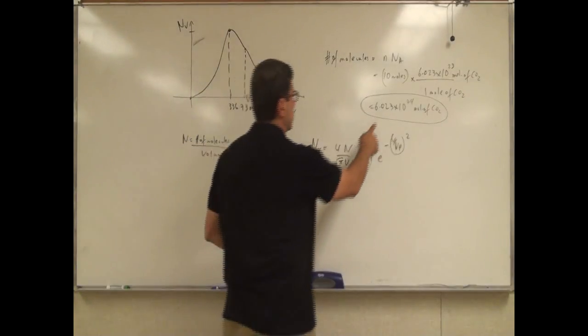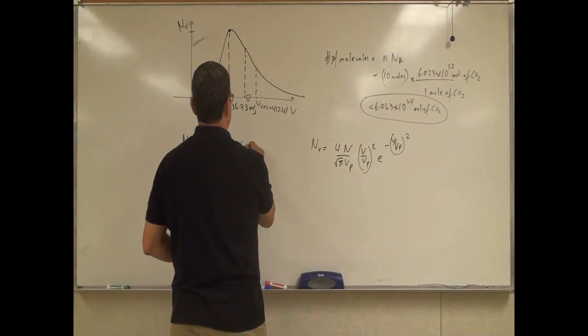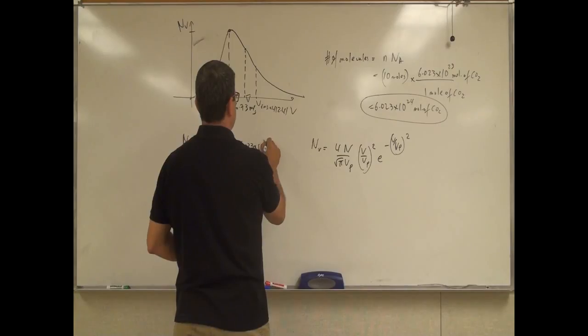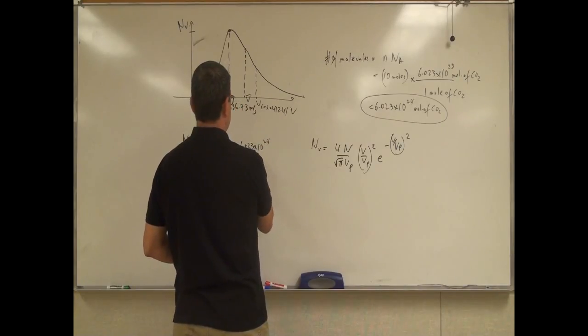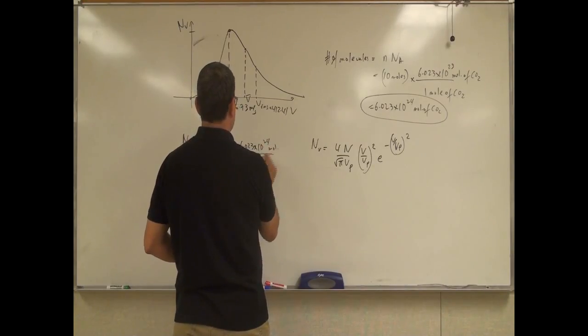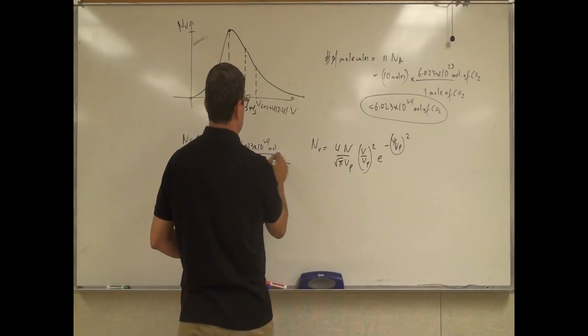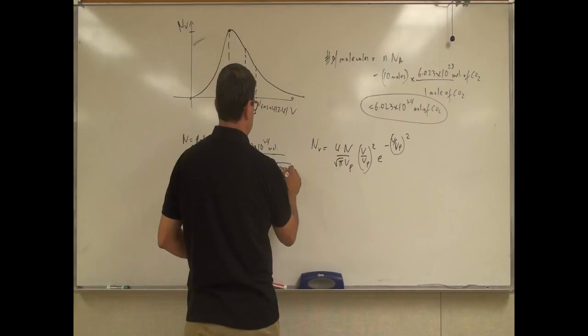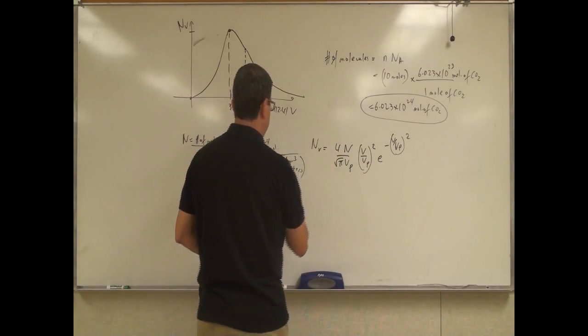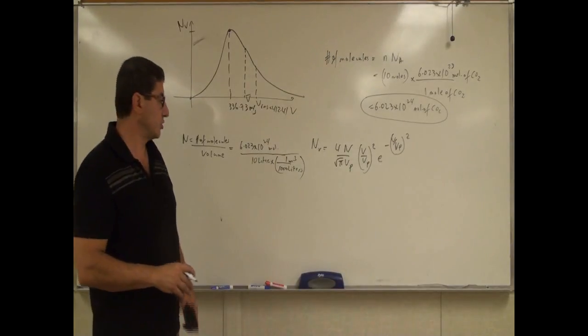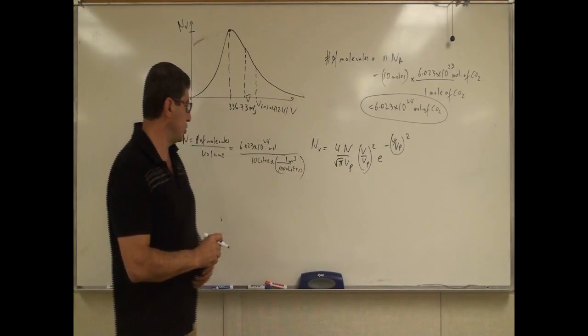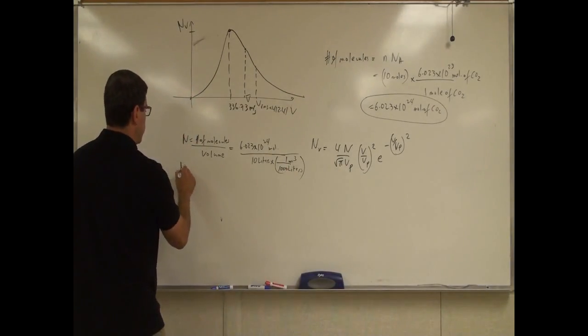So you take the 6.023 times 10 to the 24th molecules of carbon dioxide, divided by the volume, which is 10 liters, and then you say 1,000 liters is 1 meter cubed. So the conversion between liters and meters cubed is that 1,000 liters is 1 meter cubed. And then this will tell you what the n value is.